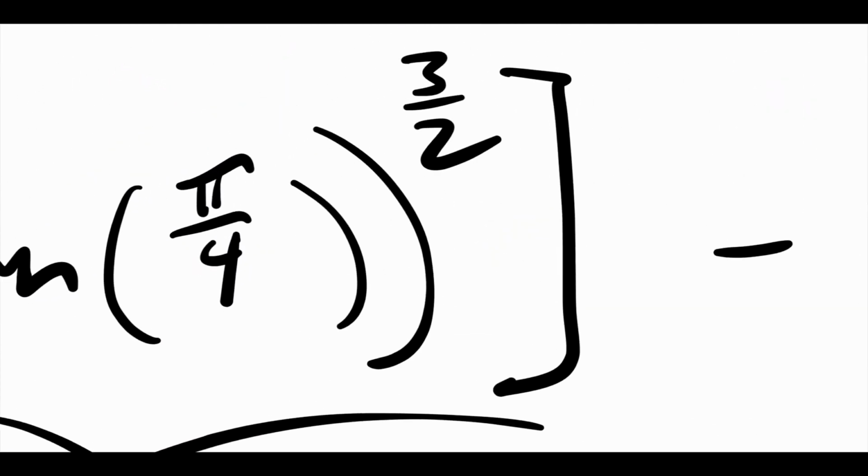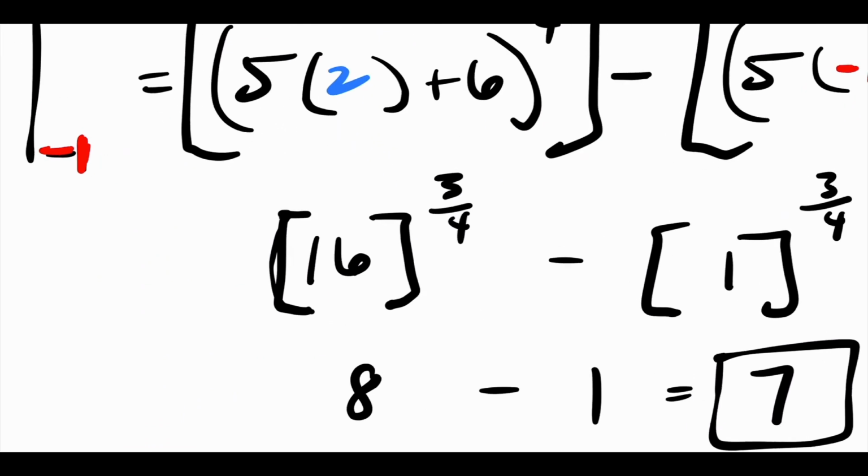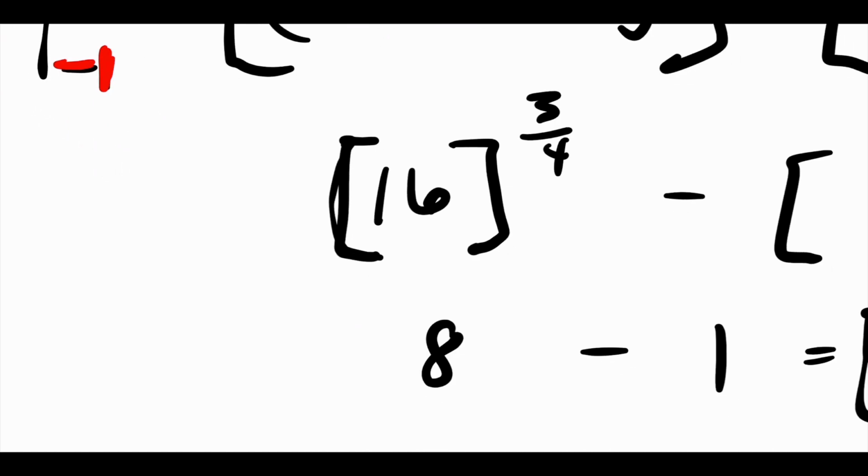I'll give you a hint. Anytime you have a weird power like 3/2 or 3/4 or 1/2, more than likely you're going to have a clean answer, not an ugly answer. They're going to give you numbers like 16 to the 3/4. That's a clean answer, 8. They're not going to give you something like 21 to the 3/4.